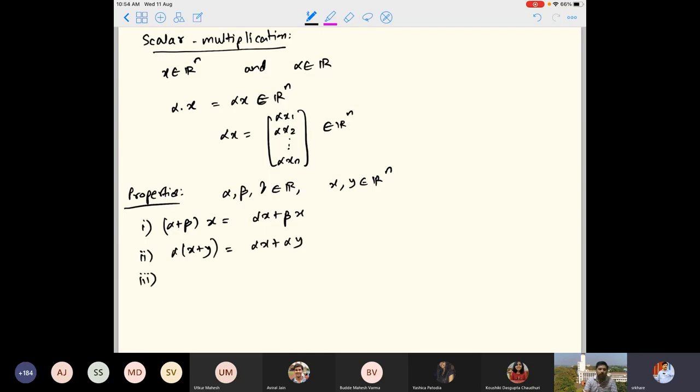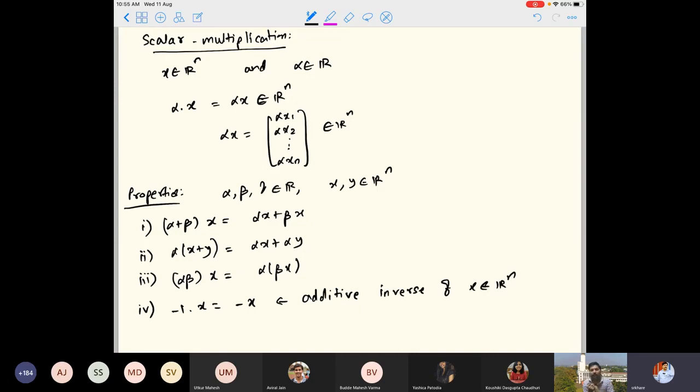The third property is alpha beta times x is basically alpha times beta x, right? These are different properties of scalar multiplication that you can observe. Another important property is that if you multiply minus 1 to the vector x, we write it as minus x. This is actually the additive inverse of the vector x in Rn, correct? So this is the scalar multiplication operation.